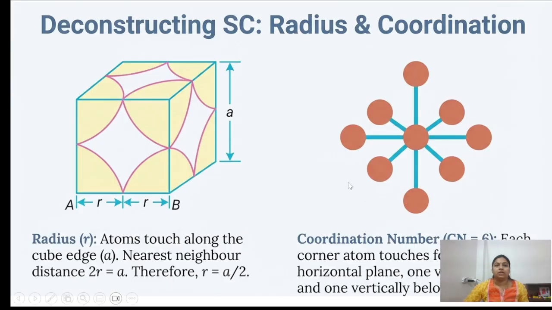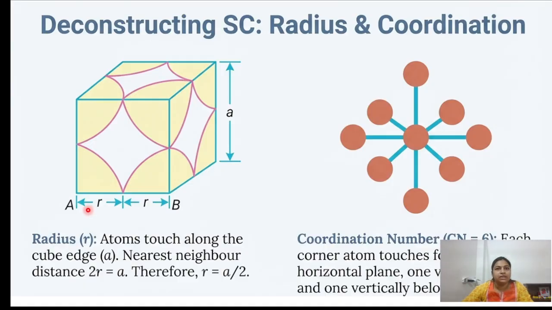Now let us find the atomic radius and the coordination number of this simple cubic structure. In the diagram on the left side we have the simple cubic cell with atoms in contact along the edge of the unit cell.